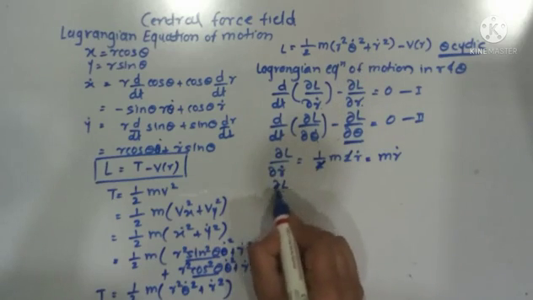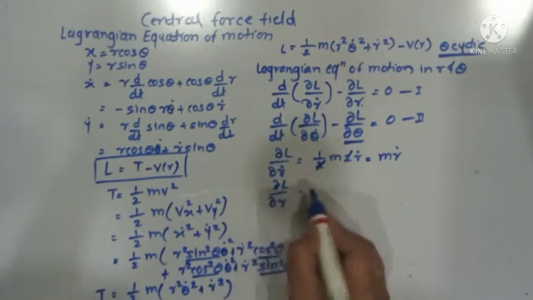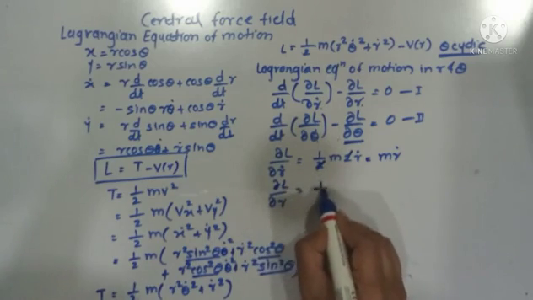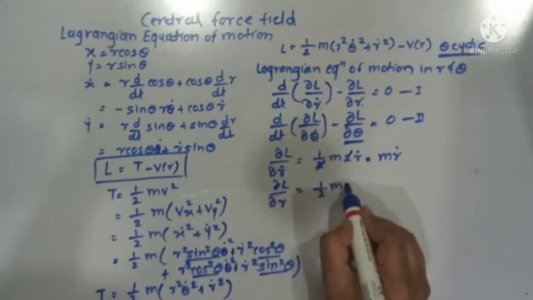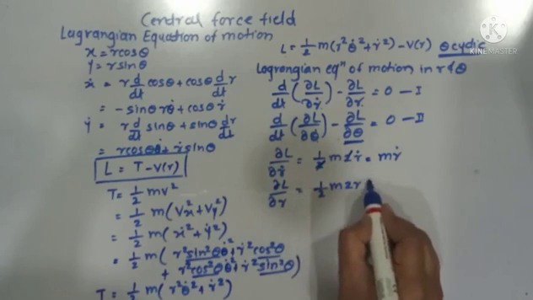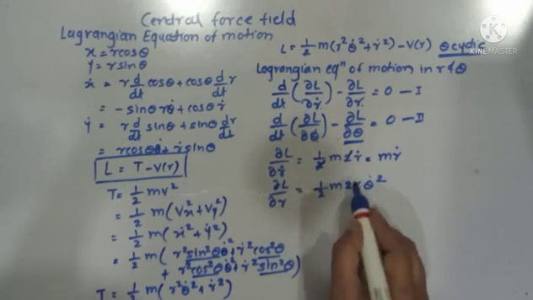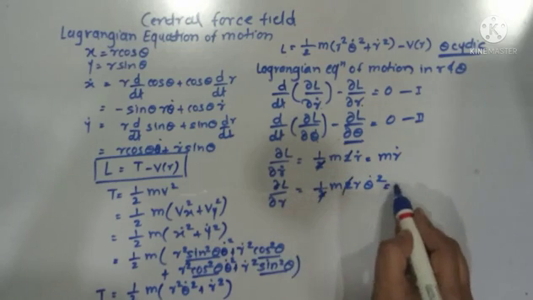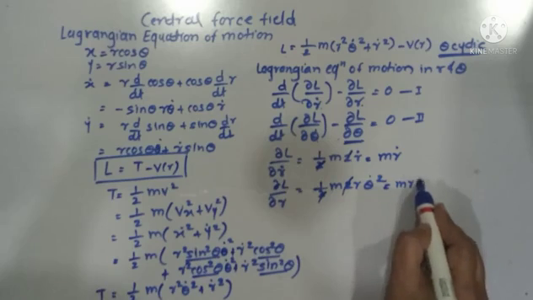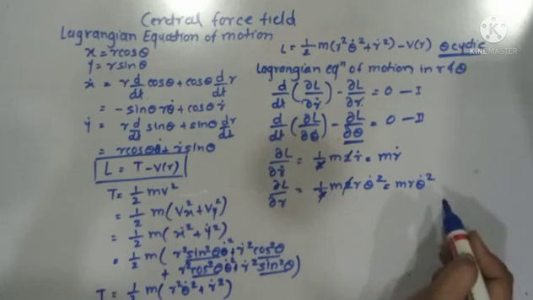So let us write down dou L upon dou r for this term: 1/2 m into 2 r theta dot square. This 2 will get cancelled and I will write m r theta dot square.